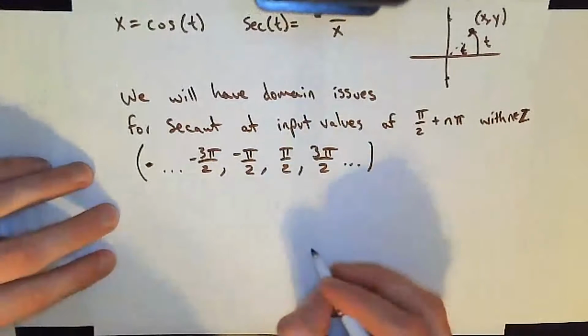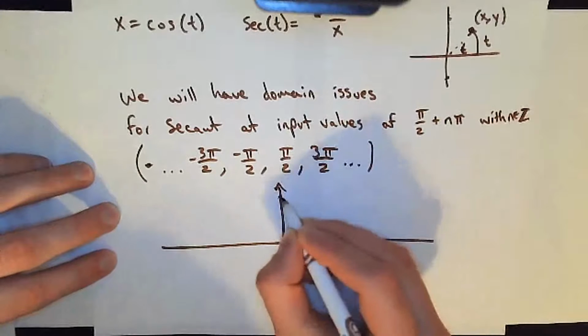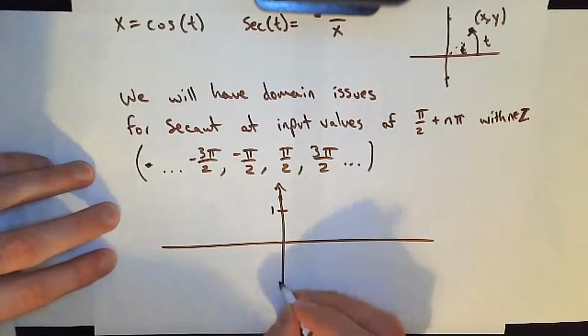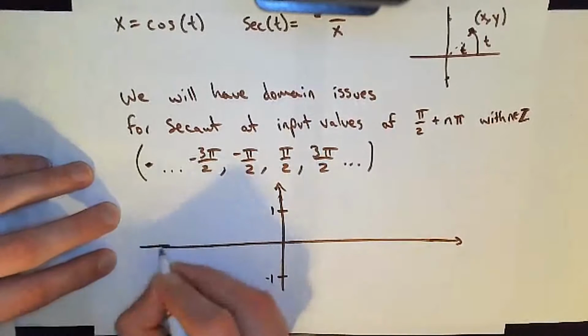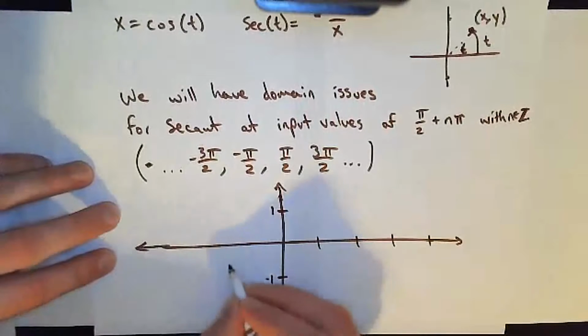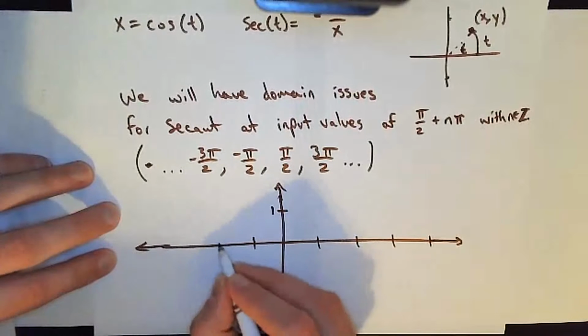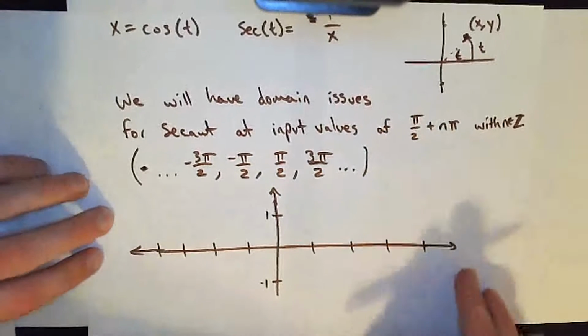All right, we're going to see a very similar thing happening here. Here goes my attempt. Here's 1, negative 1, and then pi on 2, pi, 3 pi on 2, 2 pi. And I'm going to graph cosine here.